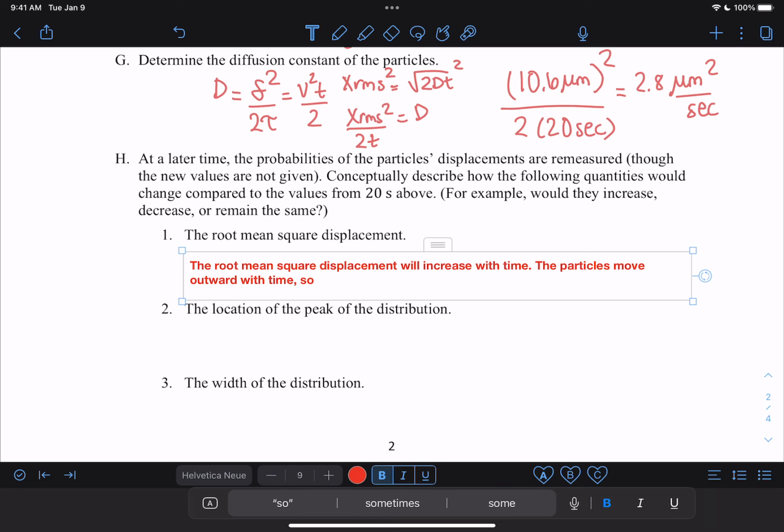All right. Okay, so particles move outward with time. So time steps increase, and the root mean squared, I'll just say the RMS, will increase.